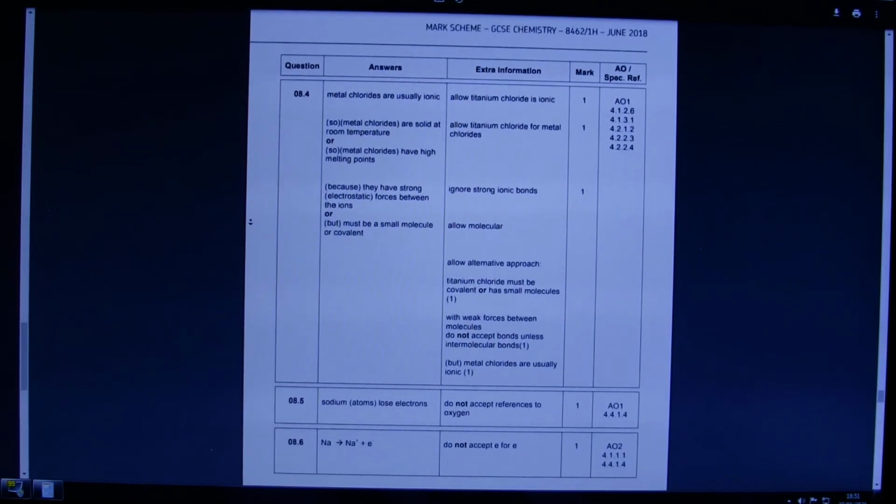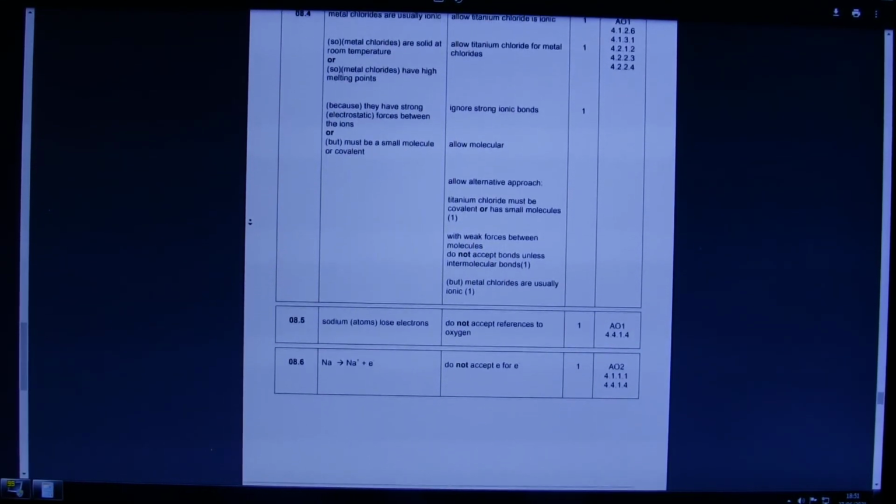Titanium chloride must be covalent, with small molecules with weak forces between the molecules, so they do not accept bonds unless intermolecular bonds. But metal chlorides are usually ionic. Right, the weird thing is that titanium chloride is molecular, not ionic, and that's why it's a liquid. Okay.